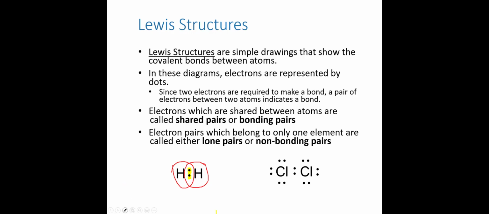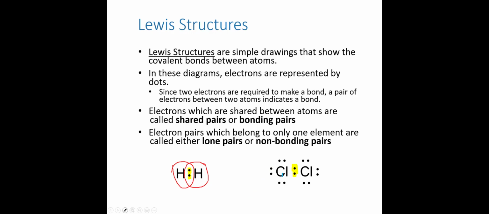Now let's take a look at chlorine over here. Chlorine has a pair in between the two chlorine atoms. So the chlorine molecule is sharing that pair right there. Now you notice there are many, many more dots there, and those dots stand for the lone pairs. So let me indicate those.